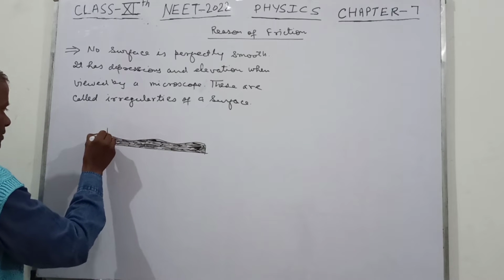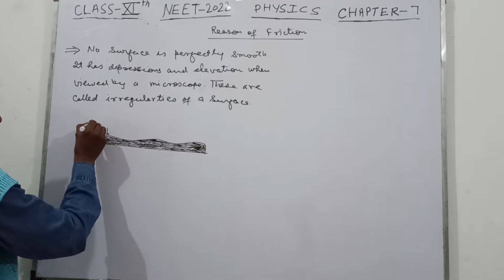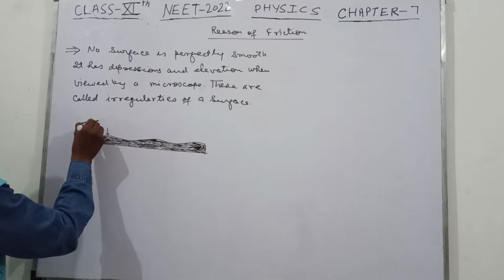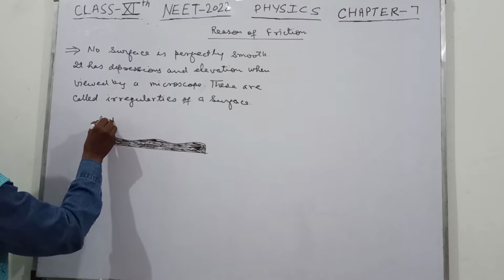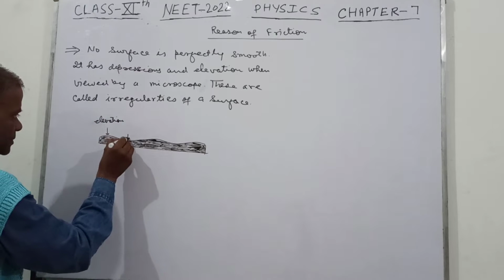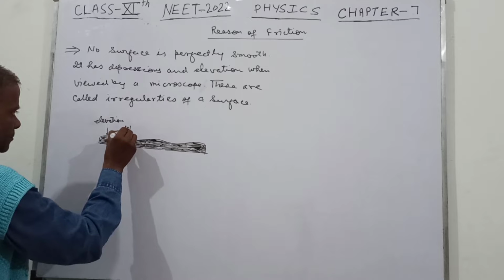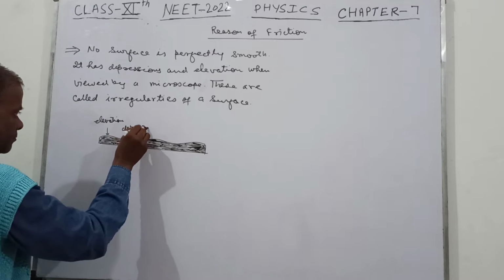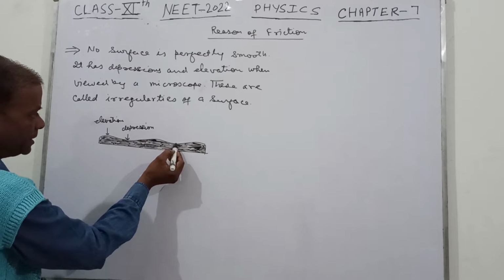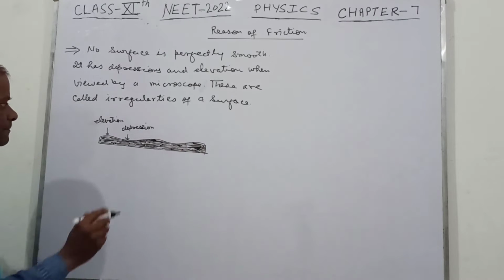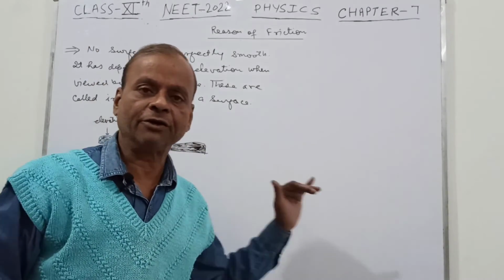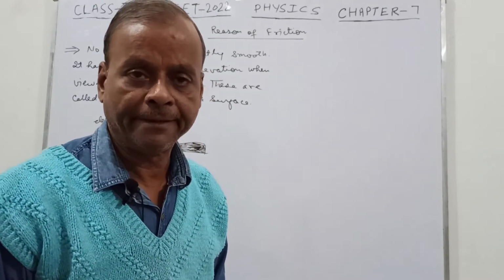Then we see that this part is an elevation, this part is a depression, this is again an elevation, this is again a depression, and again an elevation. So elevations and depressions are present in the bodies.